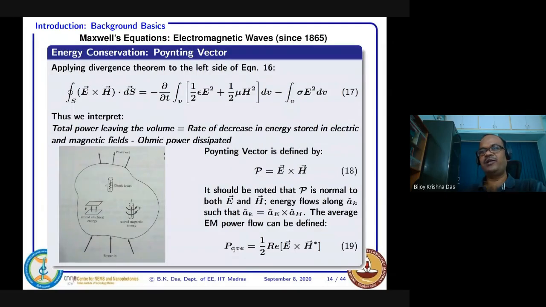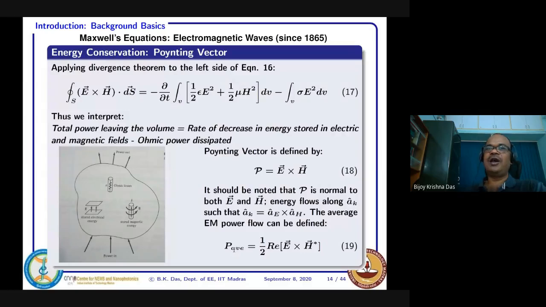That means, if we want to use electromagnetic waves for practical purposes, it can be power transmission from one place to another place. You want to transfer the power, electrical power, electromagnetic power, that can happen. Or if you are using this electromagnetic wave for communication purposes, there also this energy flow is actually the main thing.